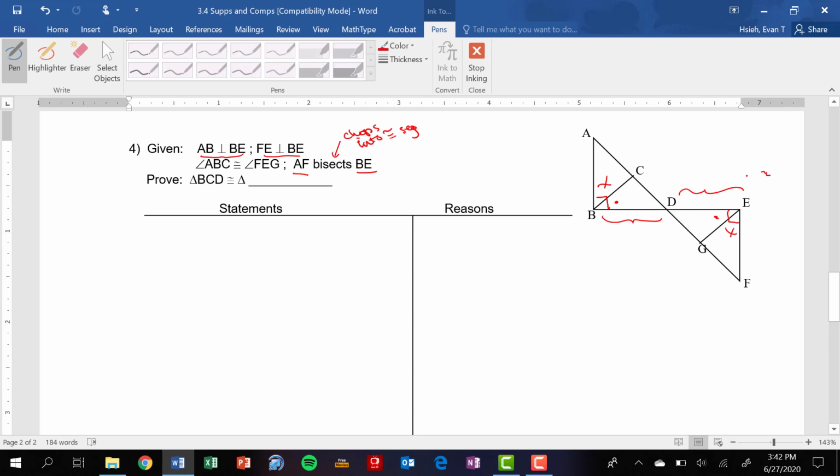And which triangles am I trying to prove here? It looks like I'm trying to prove that this is congruent to this. Let's get that on there. So triangle BCD is, let's get the white lettering, it looks like E matches up with B. Looks like G and D.